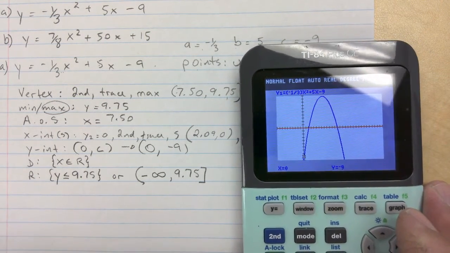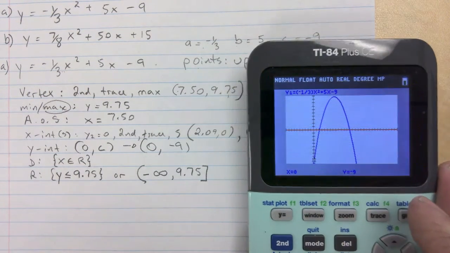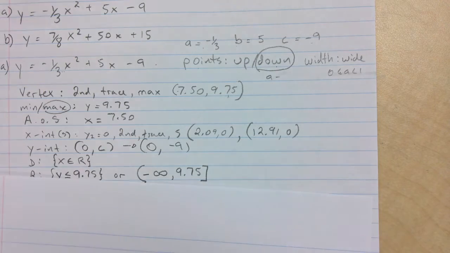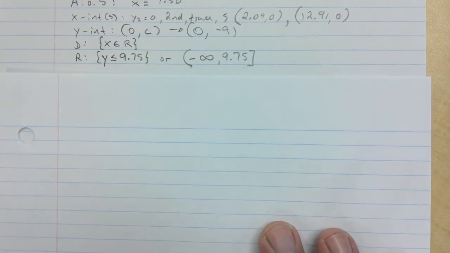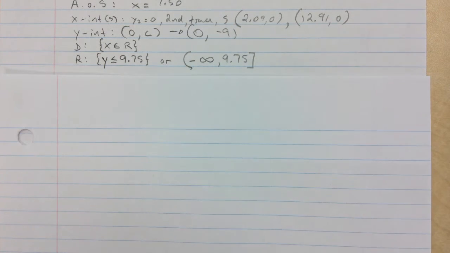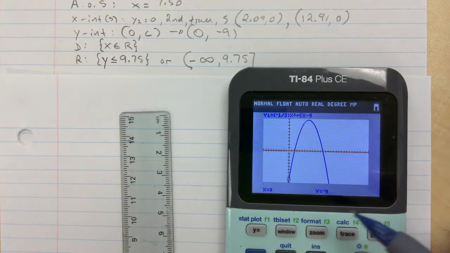So, to graph it, of course, you can use your calculator to guide you, but I am going to do this by hand. I'm going to grab my ruler, and I want to have my focus on these two quadrants here, obviously.